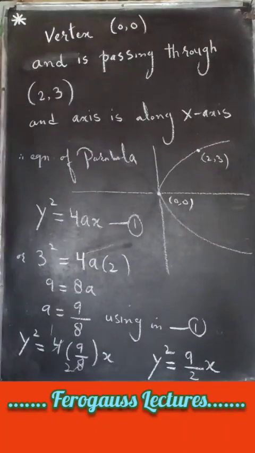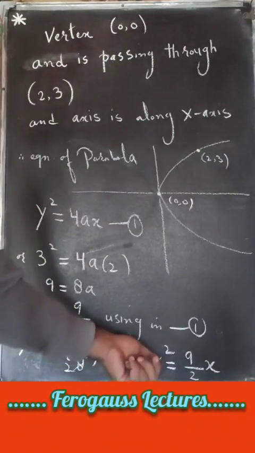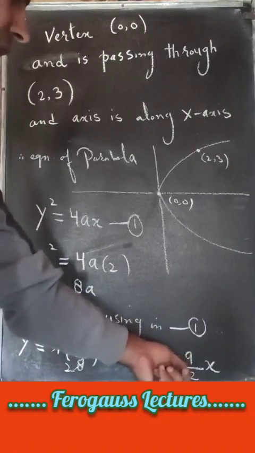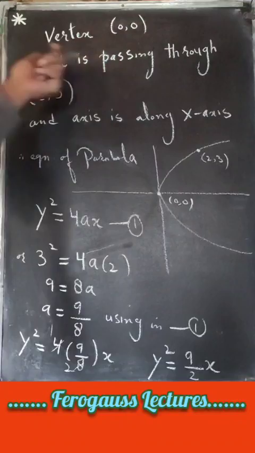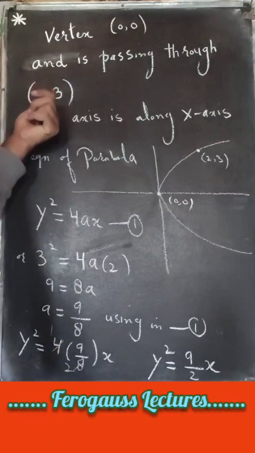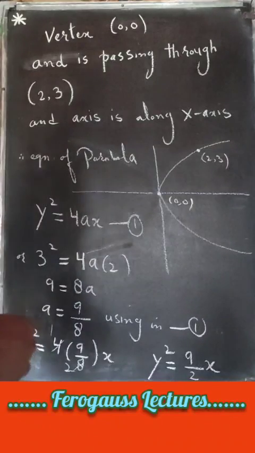Okay, so that completes the question. Therefore the equation of the parabola is y square equal to 9 by 2 x when the vertex is at the origin, the parabola is passing through the point (2, 3), and its axis is along the x-axis.